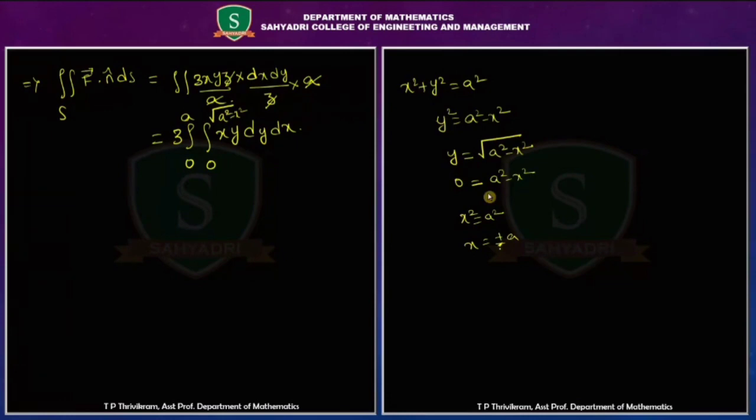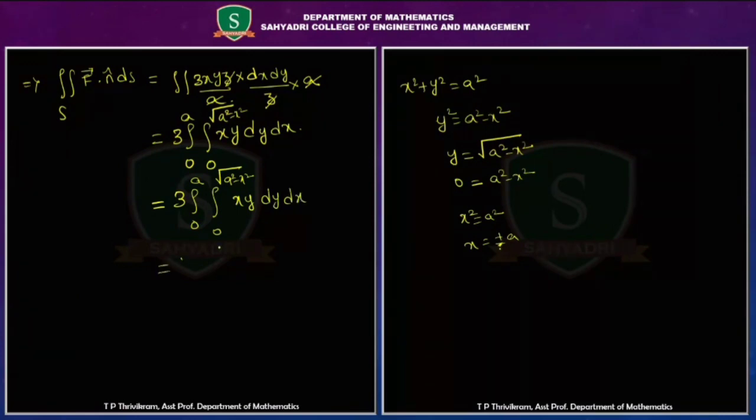So the integral is equal to 3 times integral 0 to a, integral 0 to root of a square minus x square, of xy dy dx.